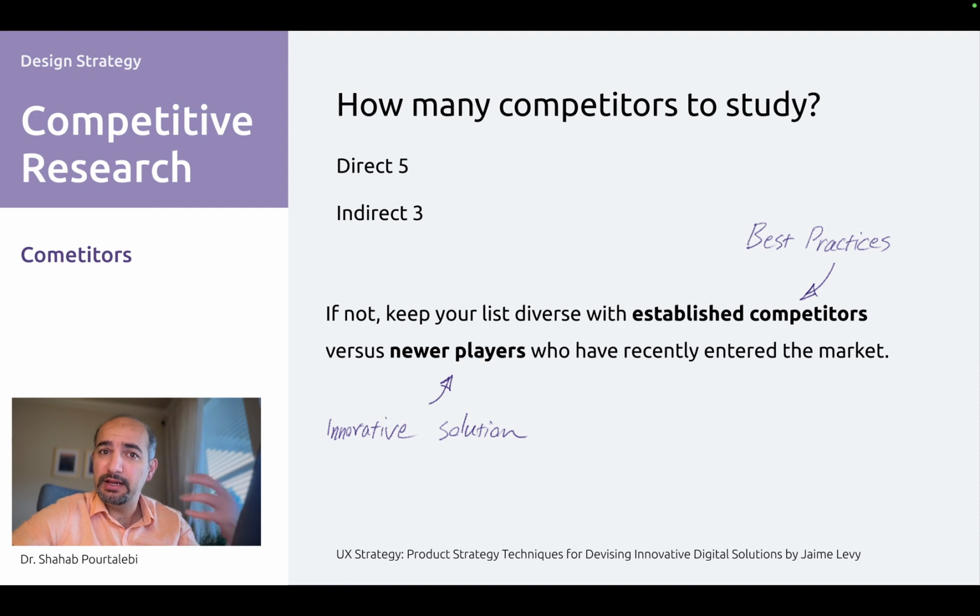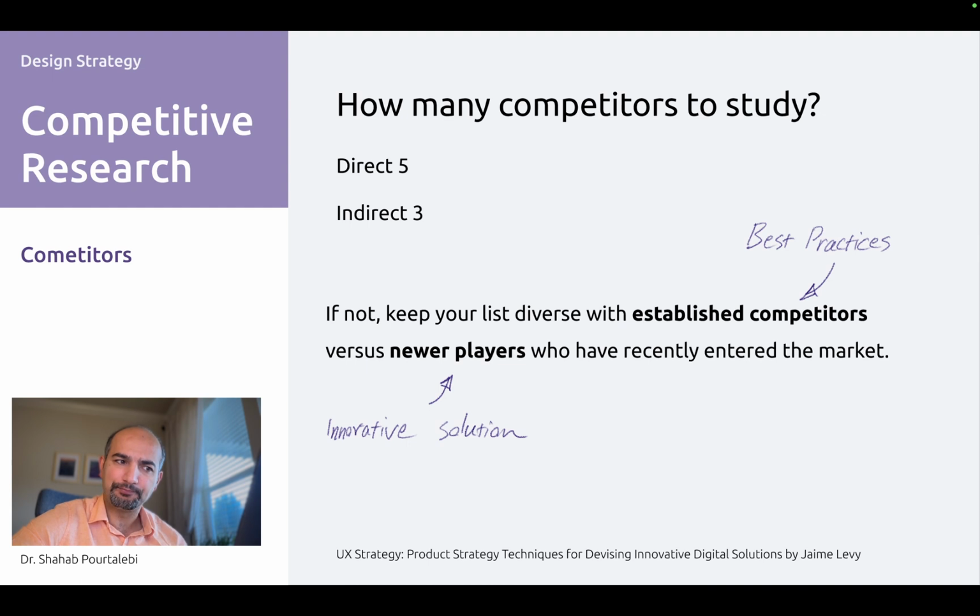But they've been in the market for a long time, so they know the best practices. They've learned from experience, and they adapt themselves to the market, to the user's requirement, and everything. So we can take out from studying their products all those best practices we need. That's why we want to have a category dedicated to these established competitors.